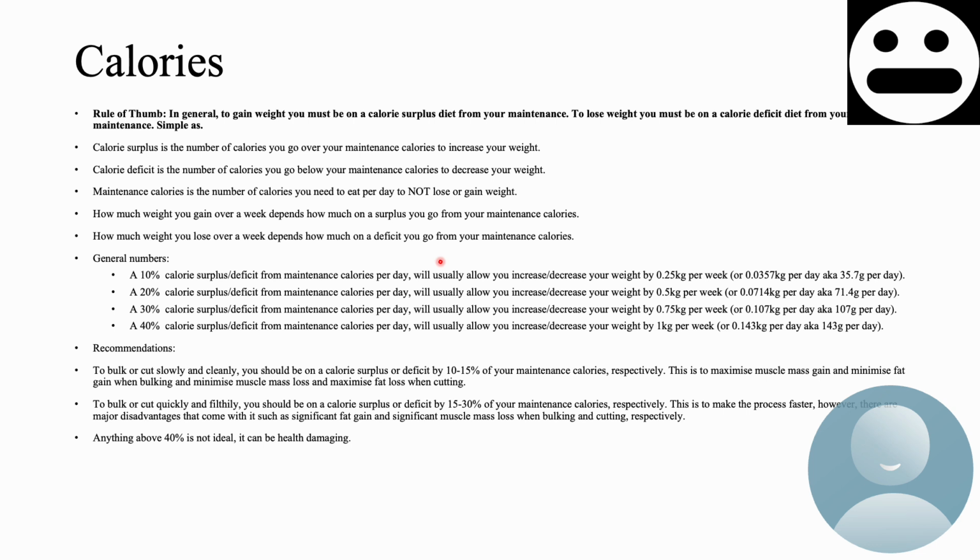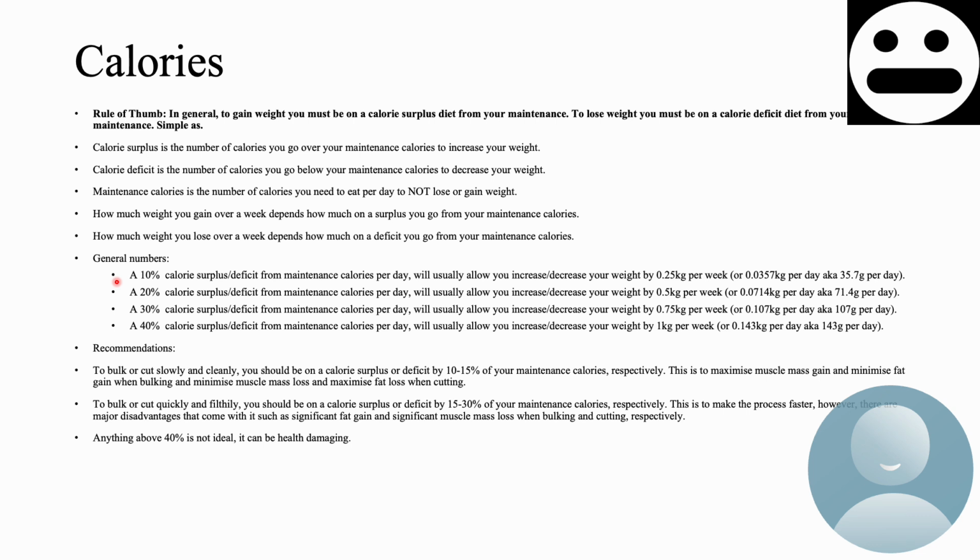Now, how much weight you gain over a week depends on how much of a surplus you go from your maintenance calories. And how much weight you lose over a week depends on how much of a deficit you go from your maintenance calories. Now, the general numbers are here. So, a 10% calorie surplus or deficit from your maintenance calories per day will usually allow you to increase or decrease your weight by 0.25 kg per week.